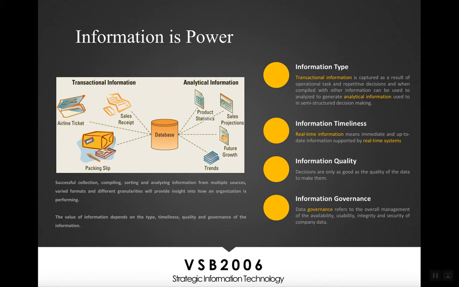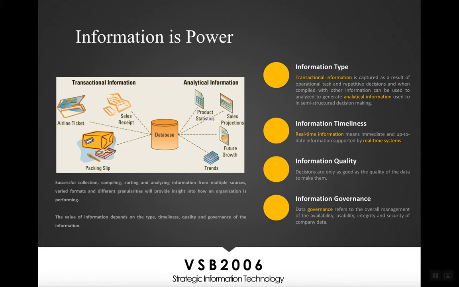All right, so we're doing multiple things: collection, compiling, sorting, and analyzing information, with data in different formats, different granularities, and different types from different sources. One of the challenges for organizations is that there are a couple of areas you need to be good at.